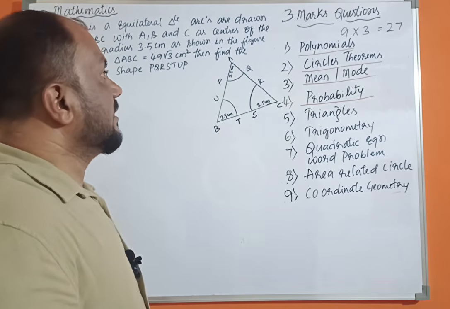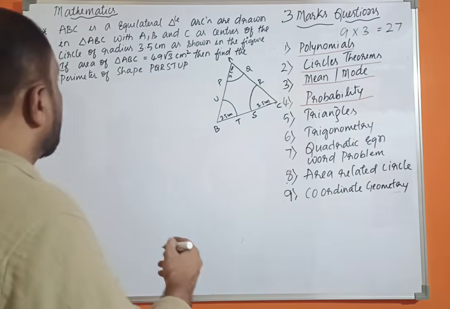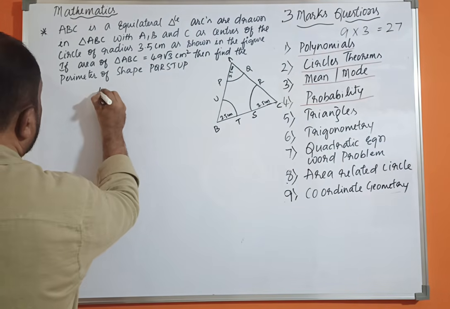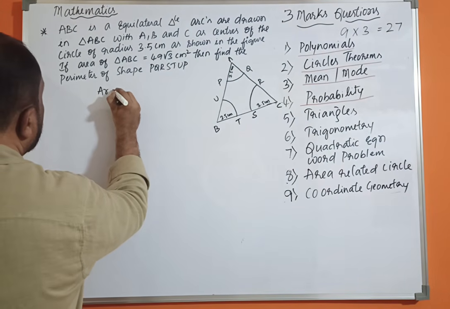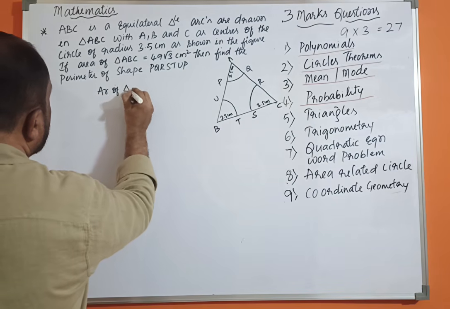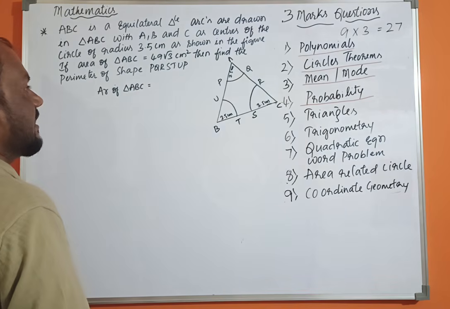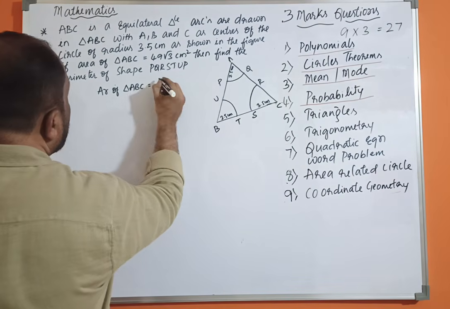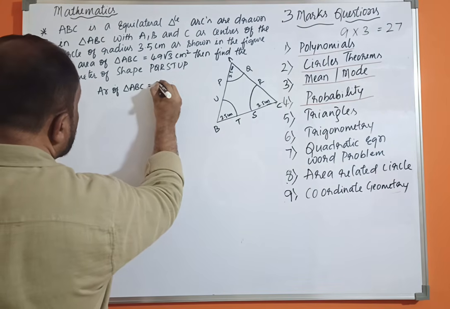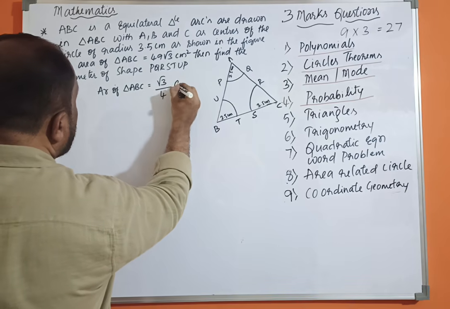First let us find out the side of the equilateral triangle. We have the formula: area of triangle ABC is equal to root 3 divided by 4 a square.